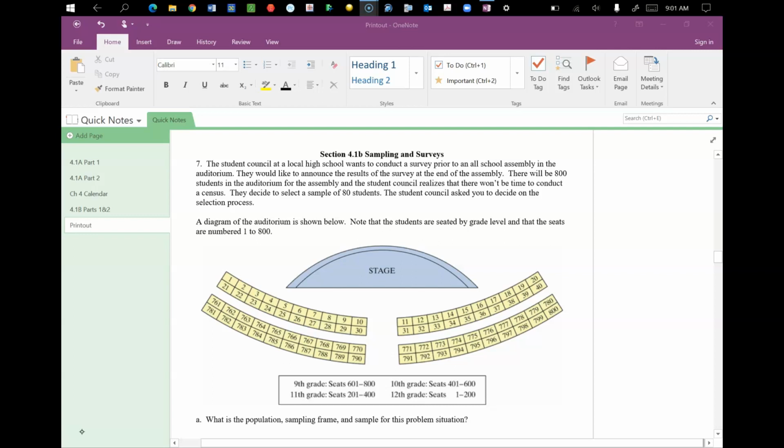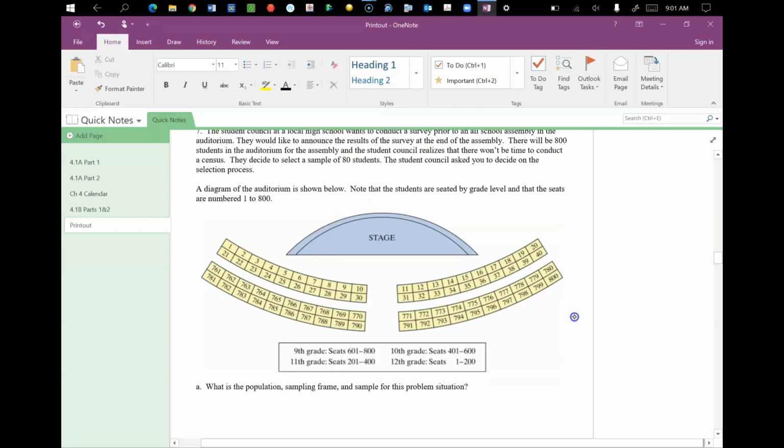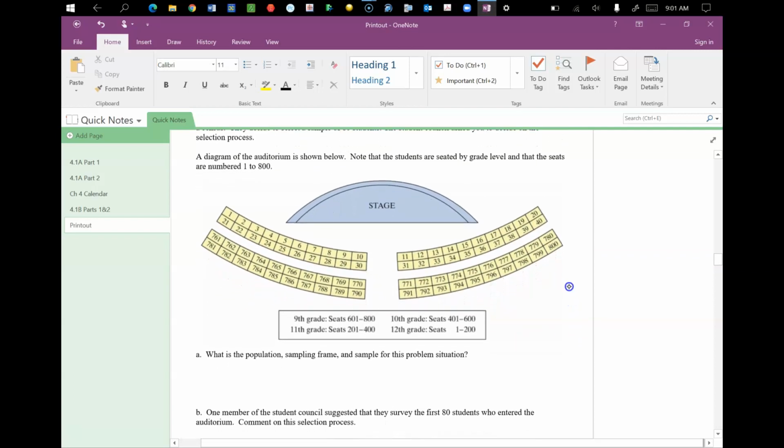There will be 800 students in the auditorium for the assembly, and the student council realizes that there won't be time to conduct a census. They decide to select a sample of 80 students. The student council asked you to decide on the selection process. A diagram of the auditorium is shown below. Note that the students are seated by grade level and that the seats are numbered 1 to 800.